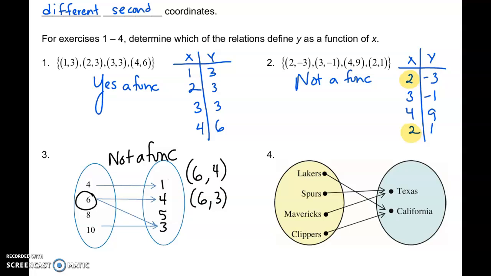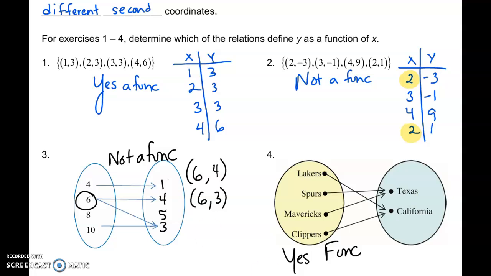As long as the x values, or the first coordinates, are different, with no duplications here, then we're going to say it's a function. So yes, this is a function. That's how to determine if we have a function.